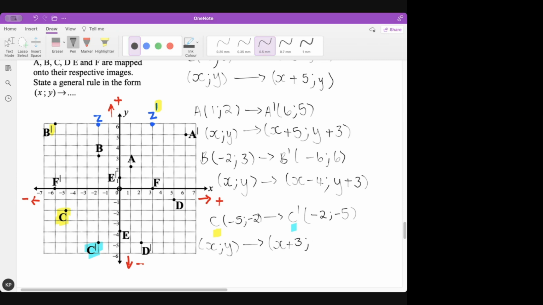And then the y, is it a plus or a minus? That would be a minus, and let's check how much we moved. It is a 1, 2, and a 3.